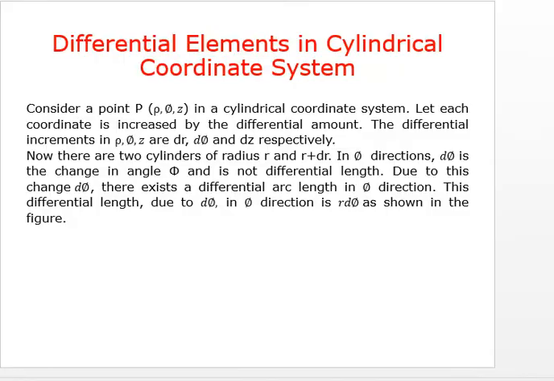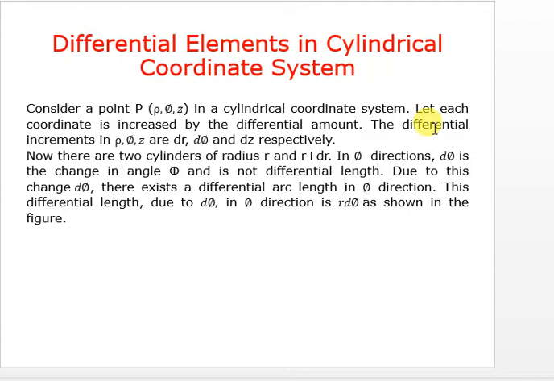First of all, let each coordinate be increased by a differential amount. The differential increments in rho, phi, z are d rho, d phi, dz respectively. Now, to determine the differential element, first increase the radius rho to rho plus d rho.